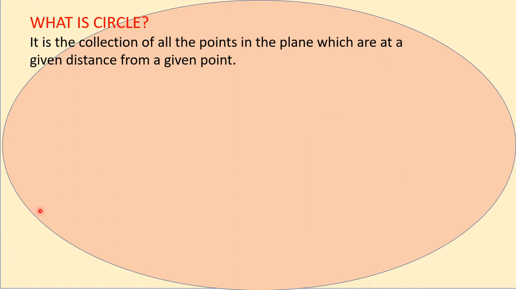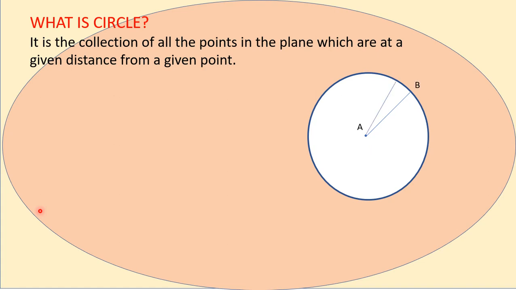It is a collection of all the points in the plane which are at a given distance from a given point. Let a point be A, and it is a given point, and from this point A we take one more point, point B, and similarly at the same distance AB we take a second point C, that is AB is equal to AC.